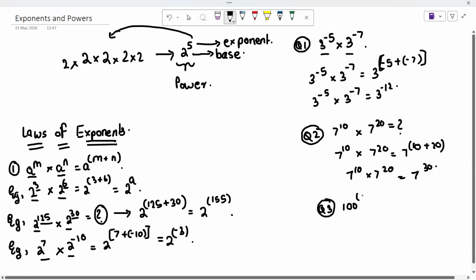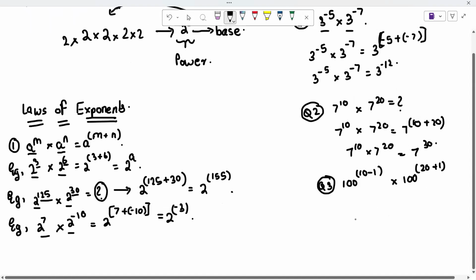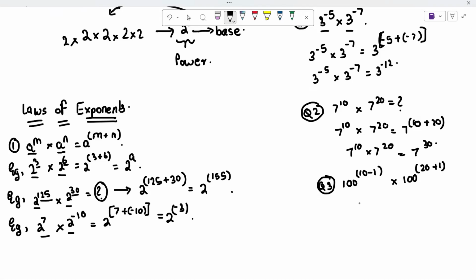100 raised to power 10 minus 1 into 100 raised to the power 20 plus 1. So here it might seem a bit hard, but it is not. It is very easy. So here you have same bases and different powers.